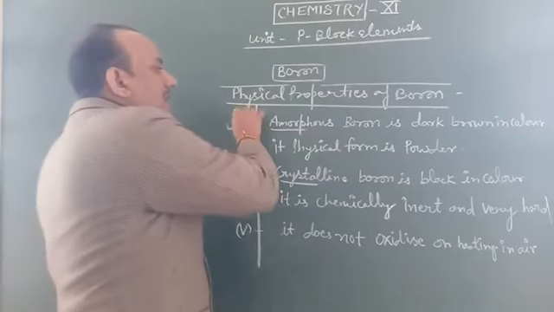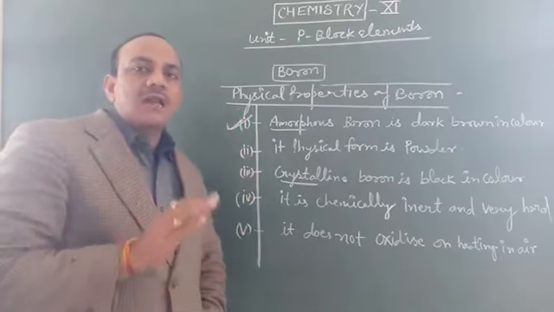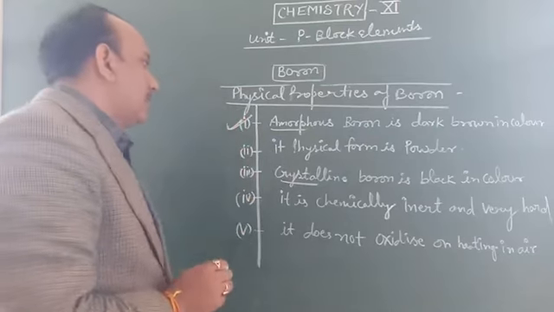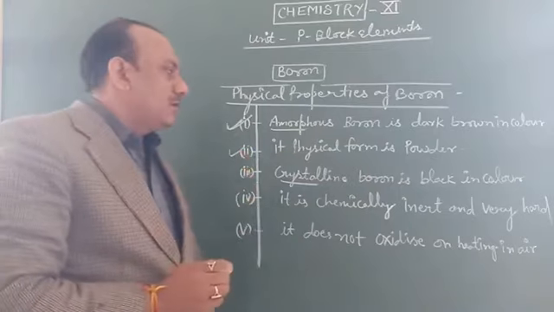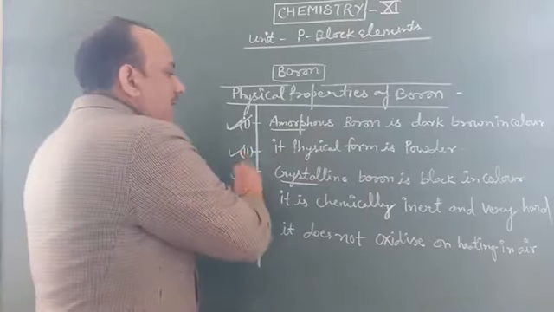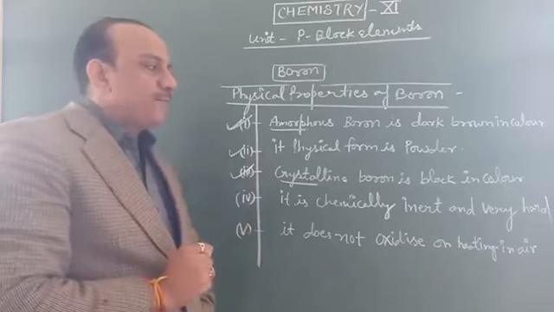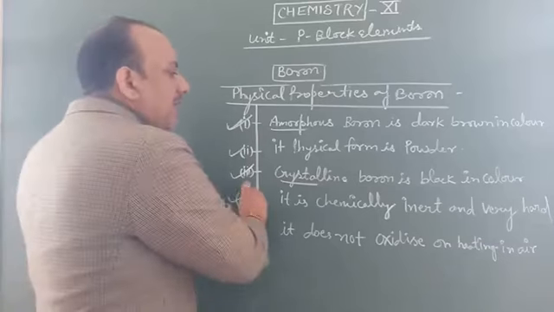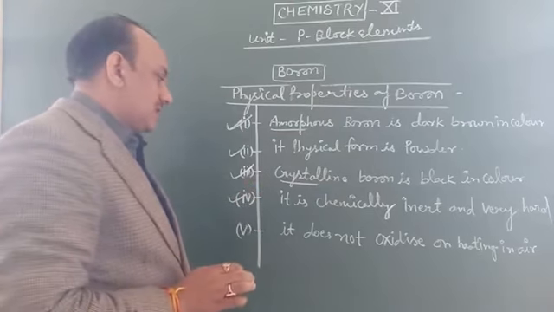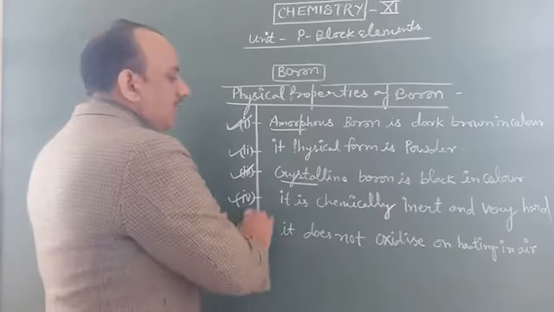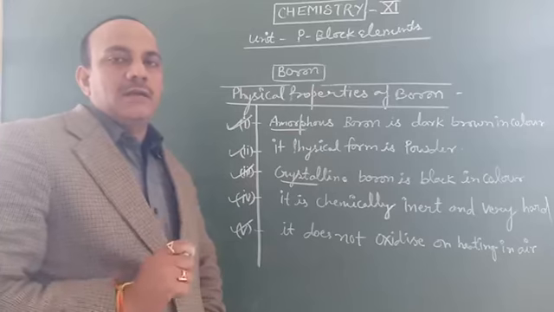Its amorphous state is dark brown in color. Its physical form is powder and its crystalline form is black in color. It is chemically inert and very hard in physical state. It does not oxidize on heating in air.